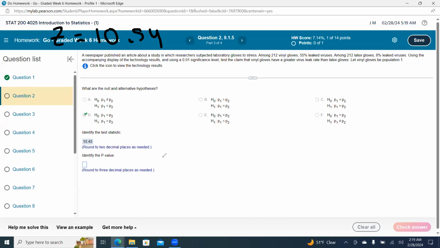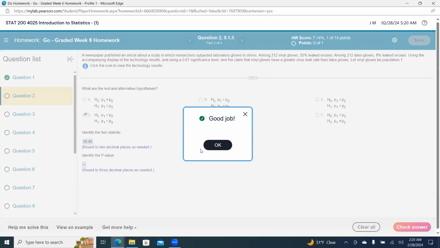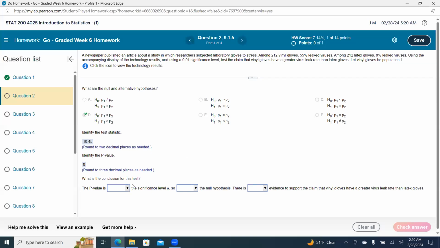So if we have such an extreme result, this is basically what we get. We get 2 main things: the test statistic and the p-value. To reject the null hypothesis, we're looking for as small a p-value as possible. So if we have such an extreme test stat, it means we have a p of 0. In the end, we want the p-value to be less than or equal to alpha, which is 0.01.